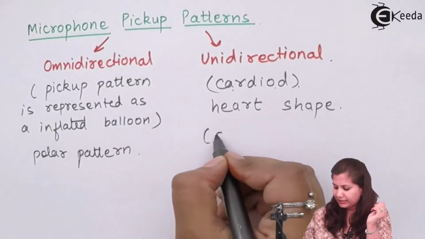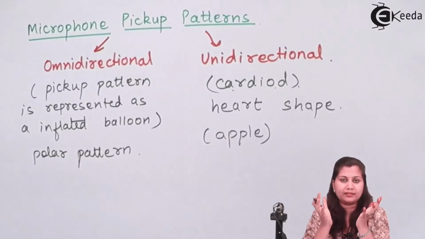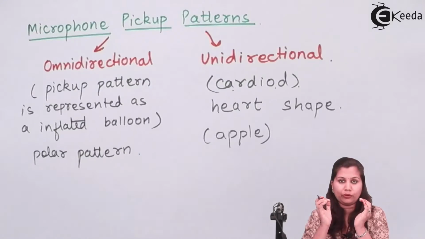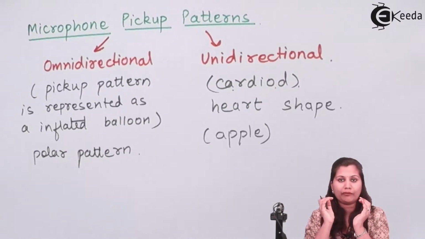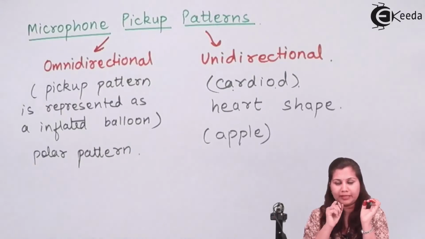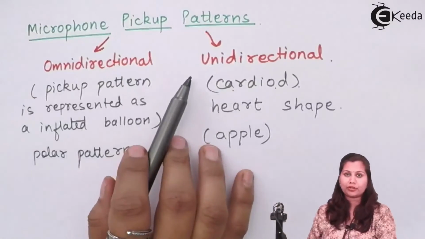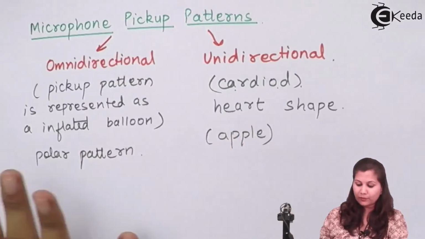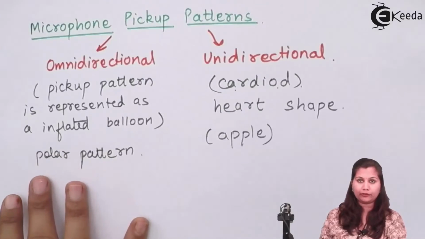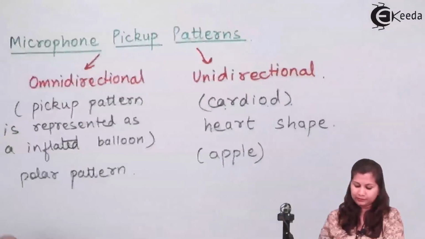Or we can say that an apple can also be used to represent the pattern of the microphone, where the stem of the apple is the microphone and the shape of the apple is the form in which the pickup patterns of microphones are represented. So depending upon the pattern shape, there are two types of microphones, omnidirectional and unidirectional. So this was the second classification of the microphone, based on the pickup pattern.